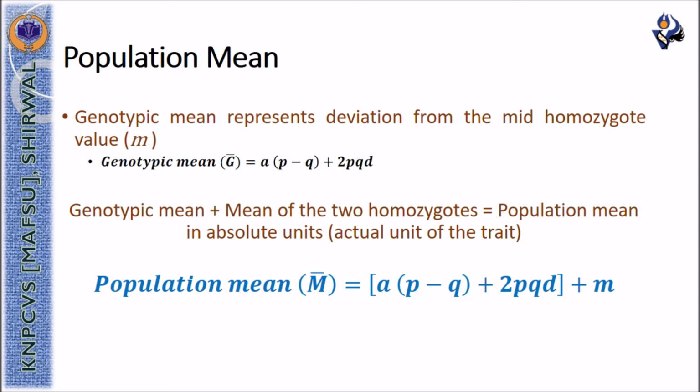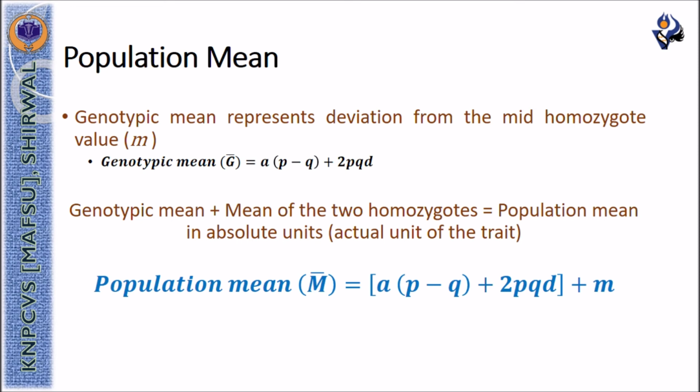The genotypic mean represents deviation from the mid homozygote value, that is m. Now if we add the mean of the two homozygotes to the genotypic mean, it will yield the population mean in absolute units, that is, the actual units of the trait.